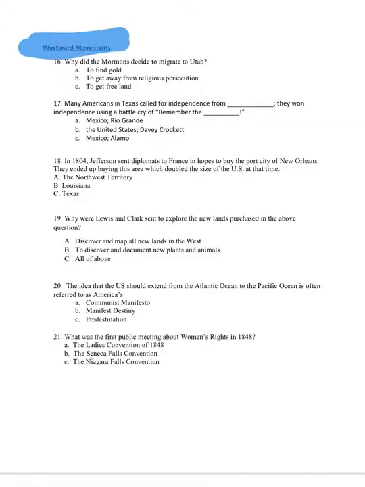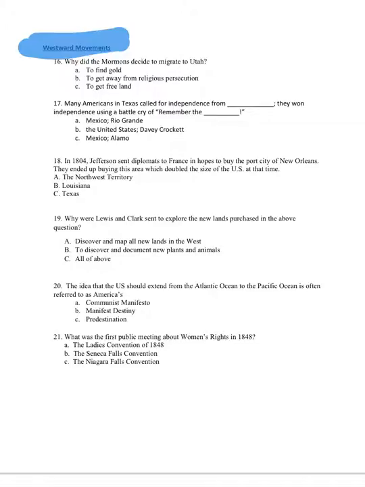17. Many Americans in Texas called for independence from blank. They won independence using a battle cry of remember the blank. So I'm going to read A, B, and C, and I'm going to fill in the blank. So A. Many Americans in Texas called for independence from Mexico. They won independence using a battle cry of remember the Rio Grande.